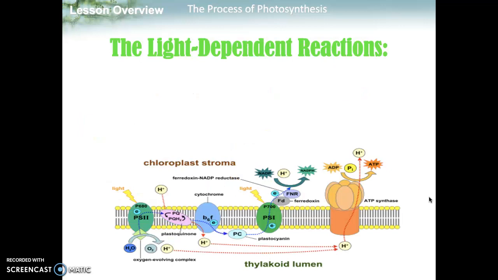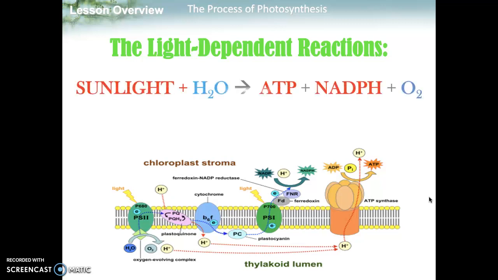Now, we can divide the photosynthesis up into 2 parts. The first part is what's called the light-dependent reactions. It's obviously named the light-dependent reactions because this is where sunlight is needed. An overview of this reaction is simply sunlight plus water.